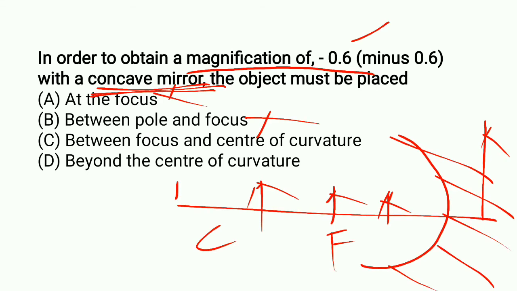When you keep the object beyond the center of curvature, the image is formed between C and F, that is, a diminished image is formed. Diminished means the magnification is less than 1, and here they have mentioned minus 0.6. So option D is the correct answer.